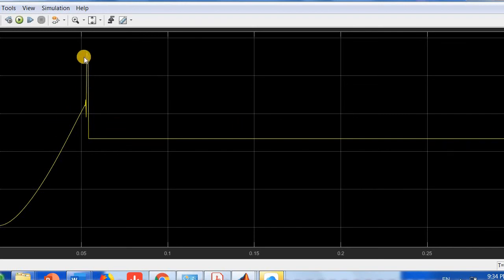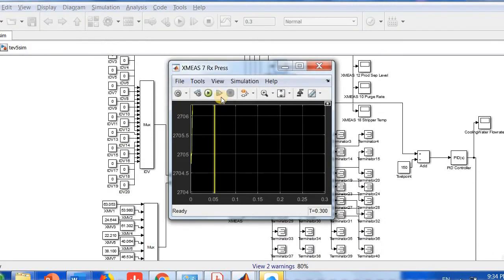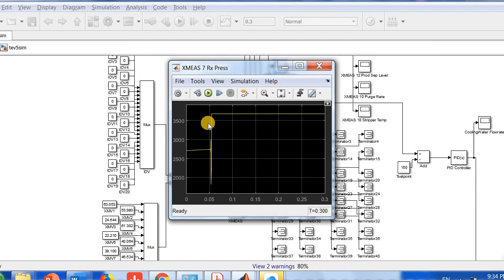Okay, but let me tell you something. It did not hit the shutdown limit of the temperature. There is something else that hit the shutdown limit, because as you can see, this is not the shutdown limit. So it could be that the pressure went out of control.